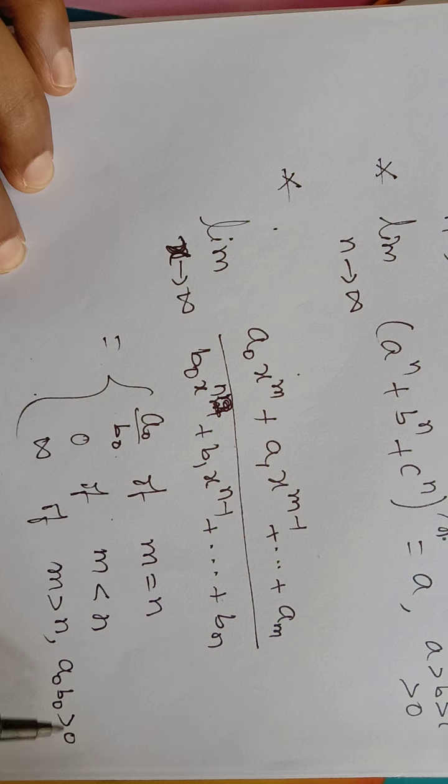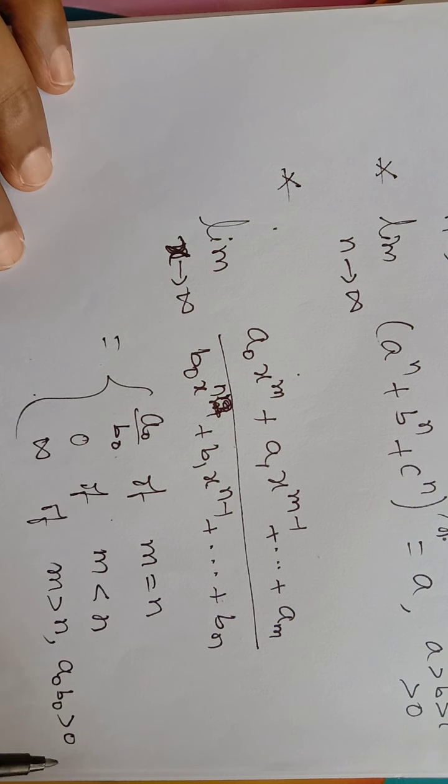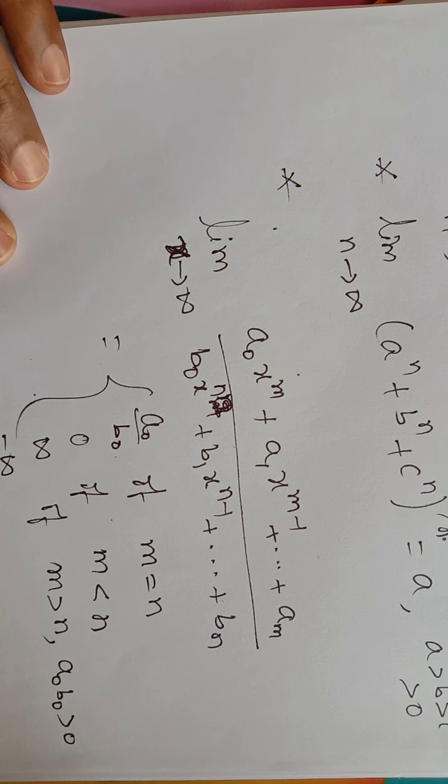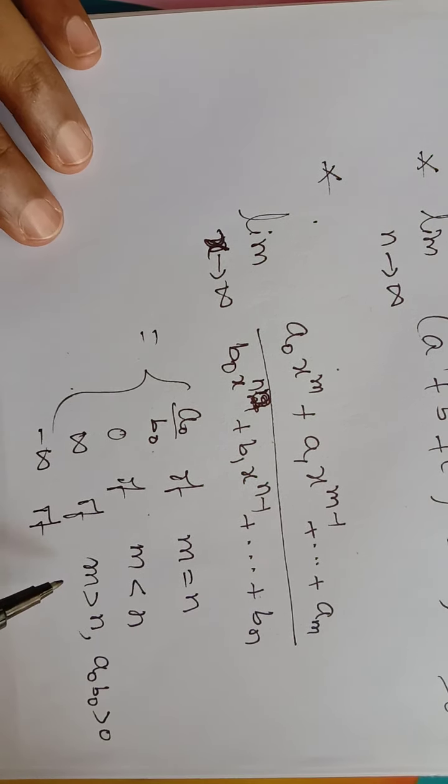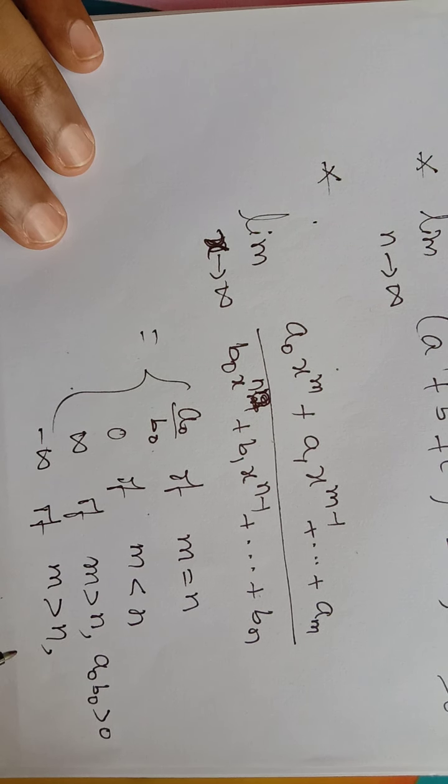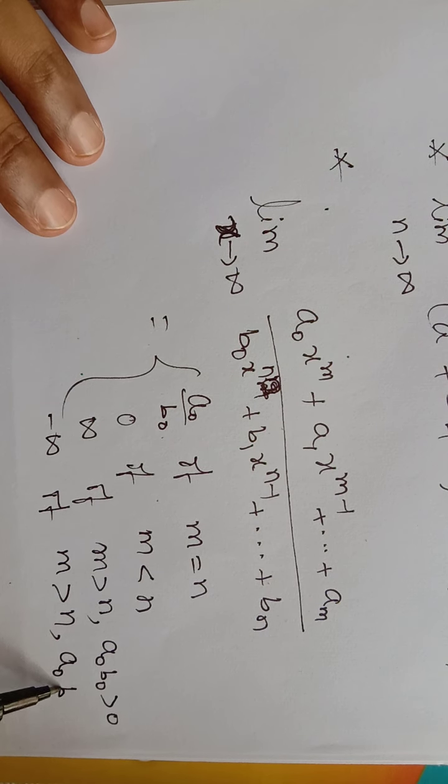It happens in two cases. When both a0 and b0 are positive, the product is positive. If both a0 and b0 are negative, then also the product is positive. And it is equal to minus infinity in the same case, m more than n, but the product is negative.